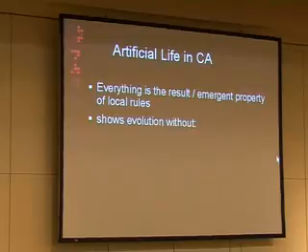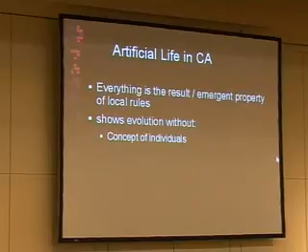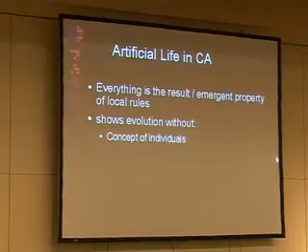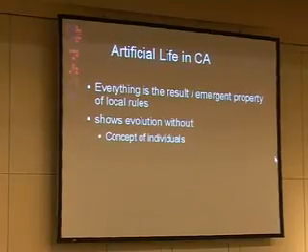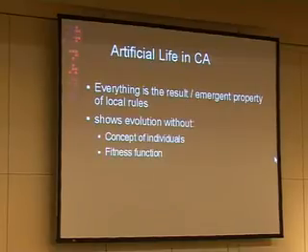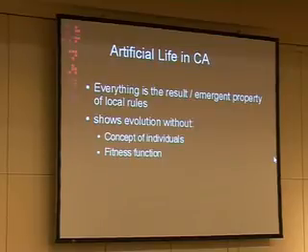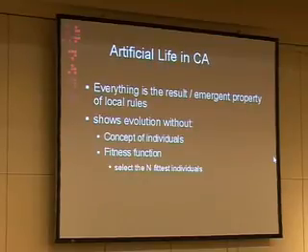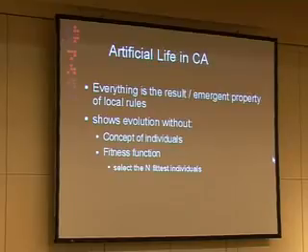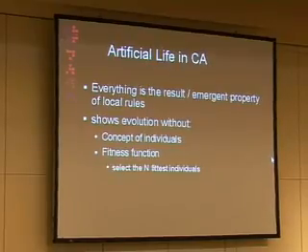And it shows evolution without a concept of individuals. Normally, with genetic algorithms, you have objects that represent individuals, a fitness function that gives each individual a fitness, and then you select the n fittest individuals, mutate them somehow, and go to the next round.